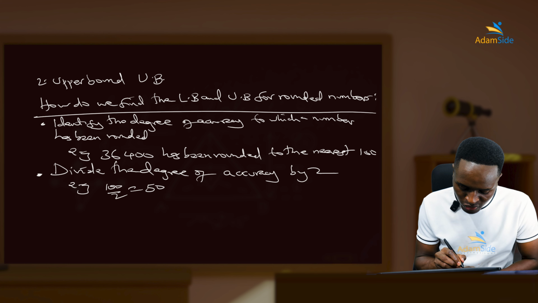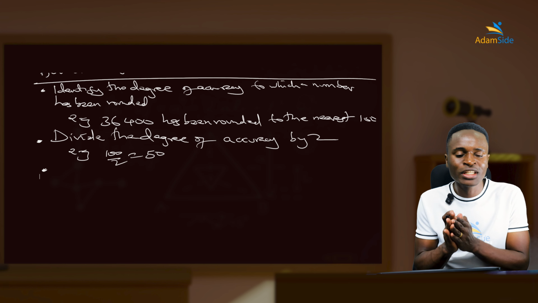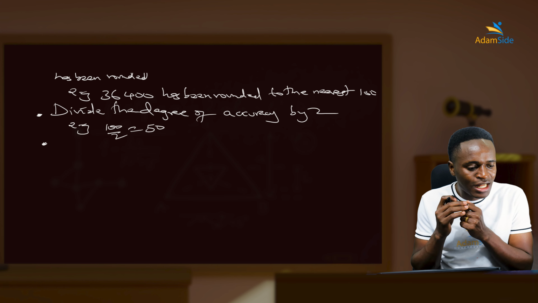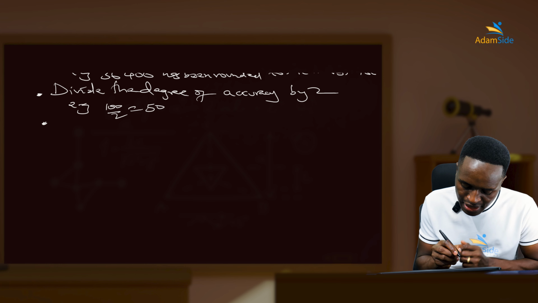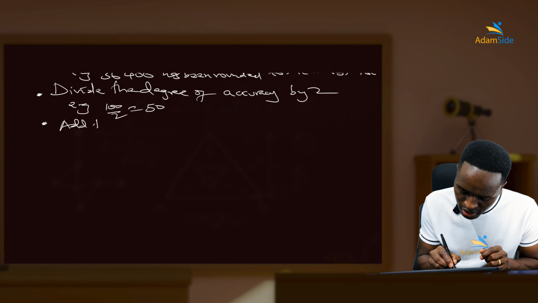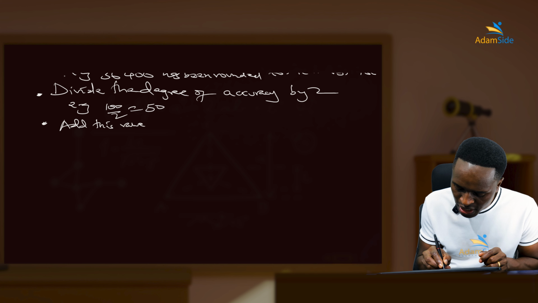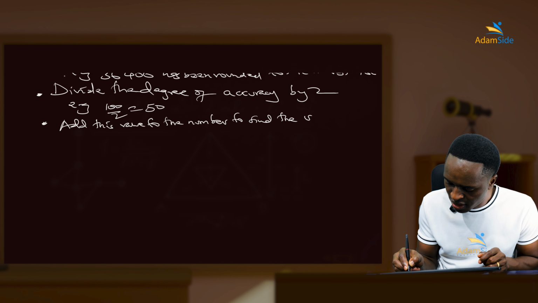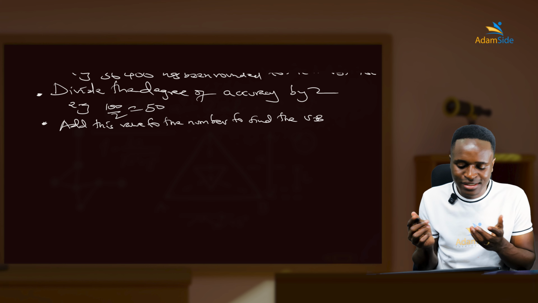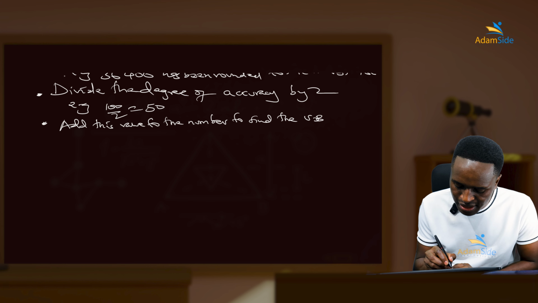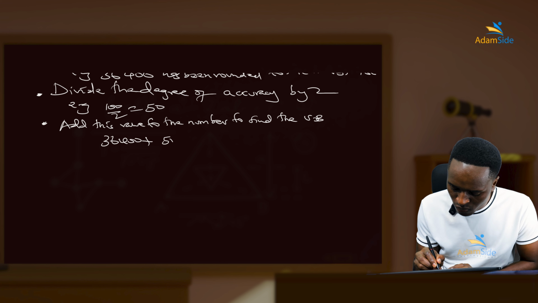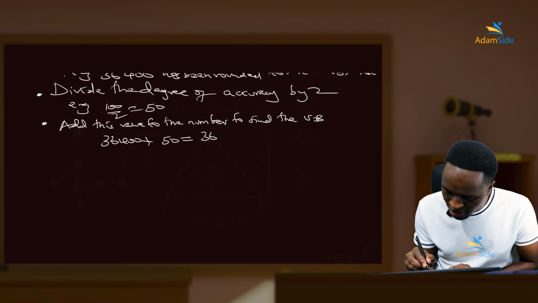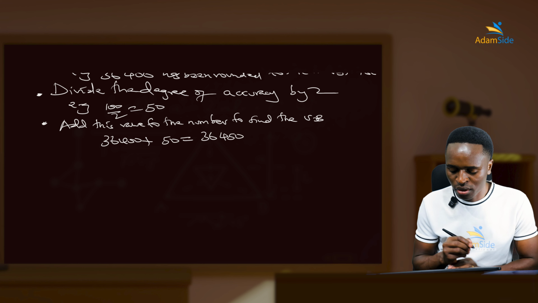Now, rule number 3: add this value to the number to find the upper bound. For instance, 36,400 plus 50 gives us 36,450.